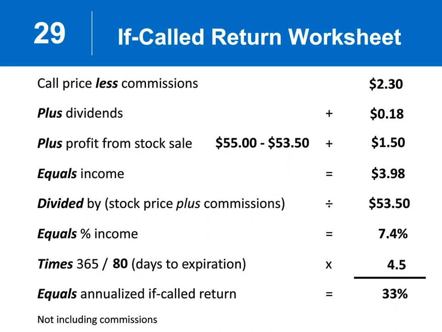And if called is going to be the difference between the price of the stock and the strike you've sold. Again, piggybacking and getting into this whole idea of what call do we sell? Something in the money, at the money, or out of the money, depending on which strike you choose, obviously can significantly impact your returns.